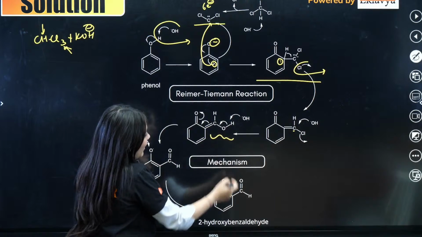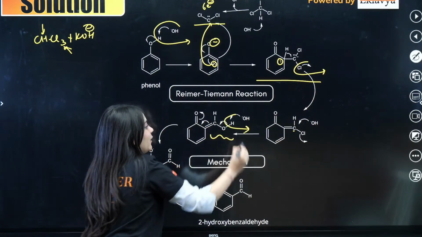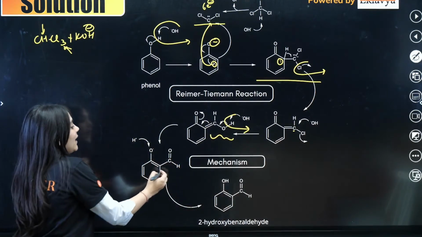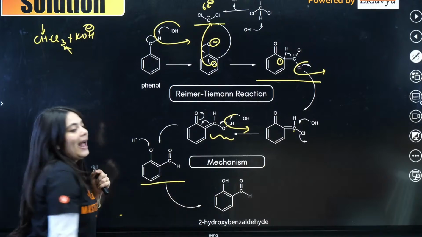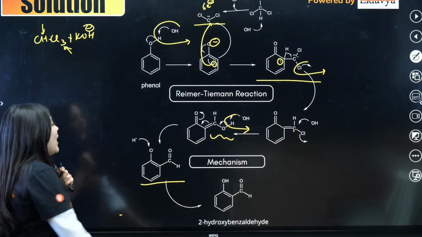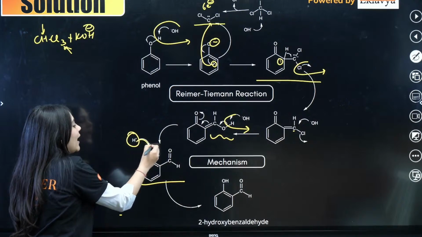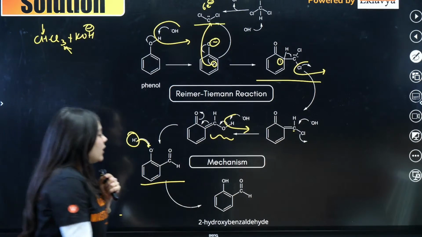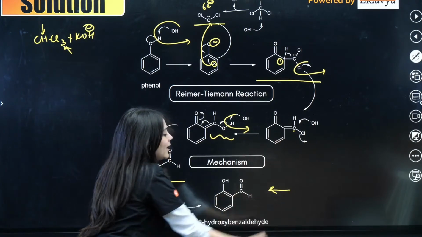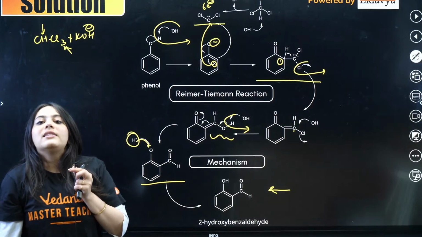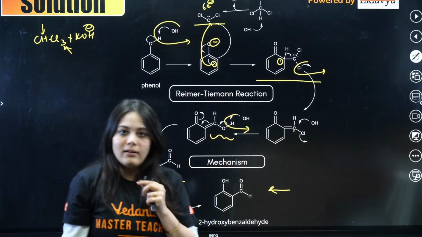Once again OH negative takes away the H plus, and you are going to get this aldehyde as a product, and the H plus would come back to the oxygen over here, and the final result you are going to get is this product, salicylaldehyde, right?